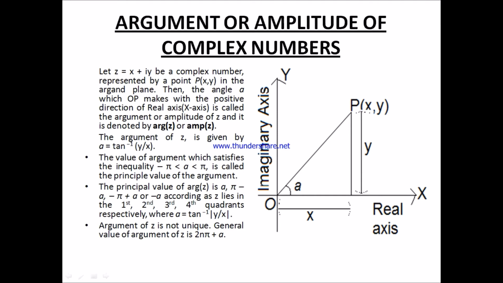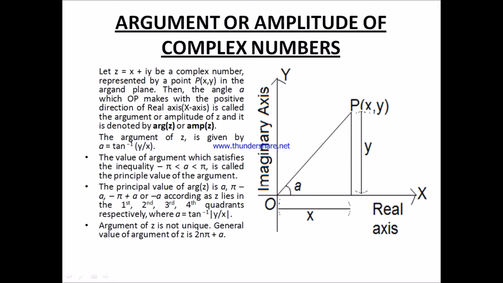The vector OP can lie in any one of the quadrants, be it the first, second, third, or fourth. The value of the argument can be any value, however its principal value is the one which lies between minus pi and plus pi.